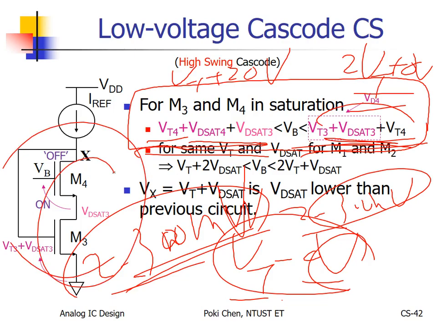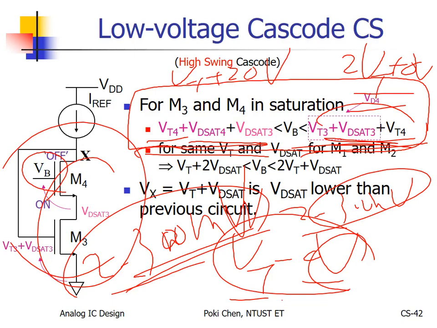Wow. It means what? For such kind of low voltage cascode or high swing cascode, the bias for M4 is really hard to design because the tolerance is only 2 to 300 millivolts.